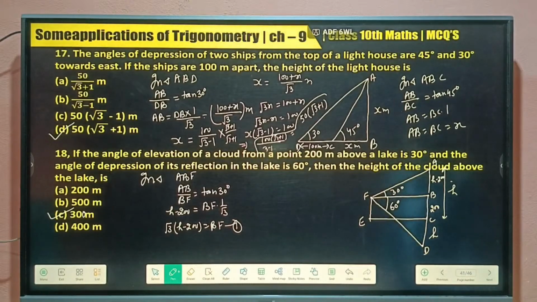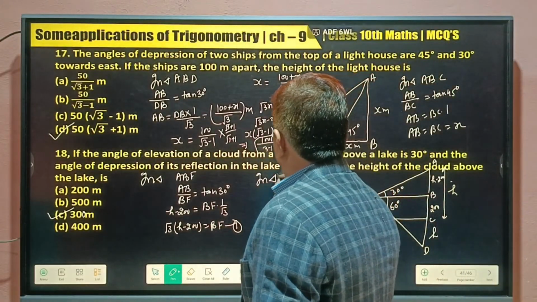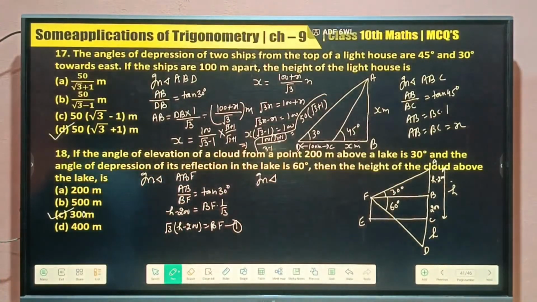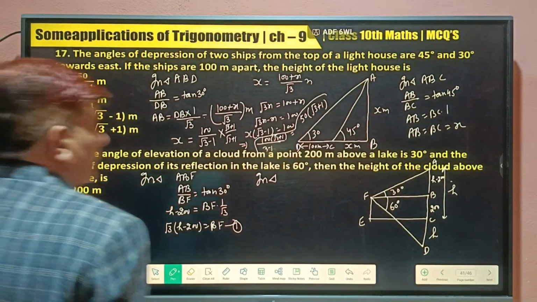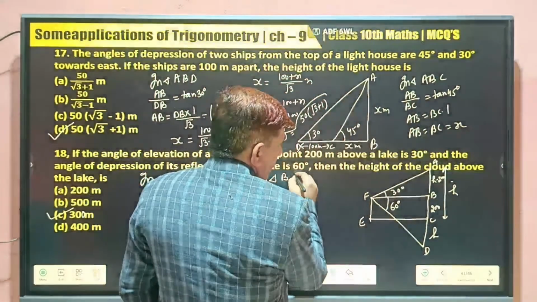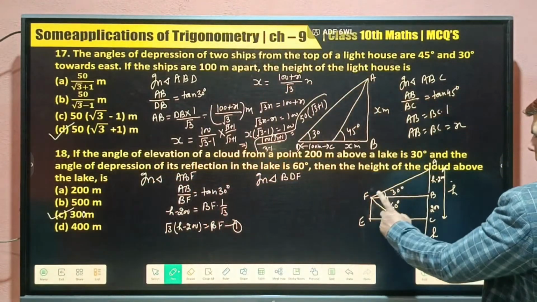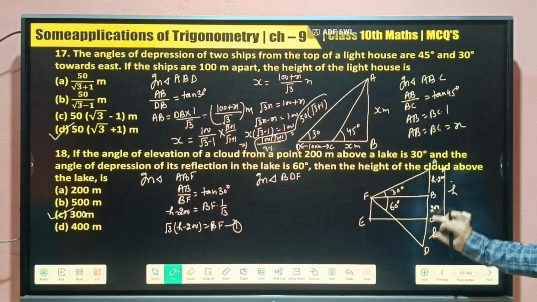Now in triangle BDF, this is H, this is 200.